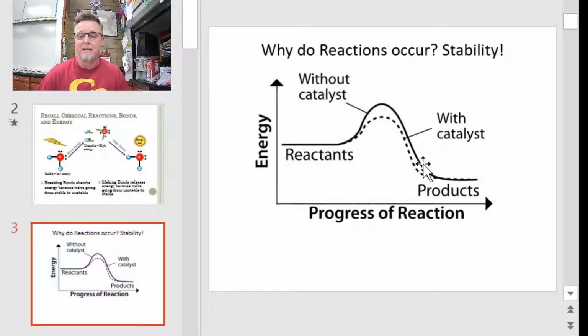If we let this reaction go without using a catalyst, you can see that that peak is higher than it would be if we used a catalyst. So catalysts reduce the amount of energy that is needed to make or break bonds. They make reactions go faster or maybe more efficiently, depending on how you want to look at it.